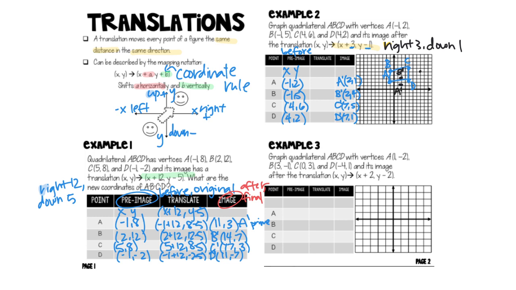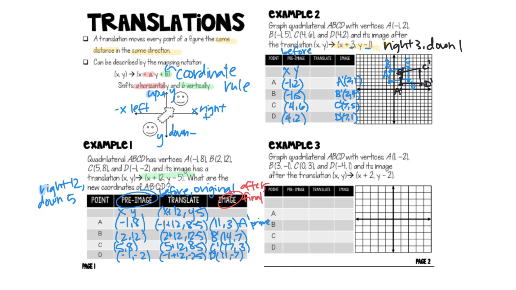And then D prime is 7, 1. What happened with A? Right 3, down 1. It needs to be right here. Yeah, I was off at first. But there we go. And our entire quadrilateral has moved right 3 and down 1.